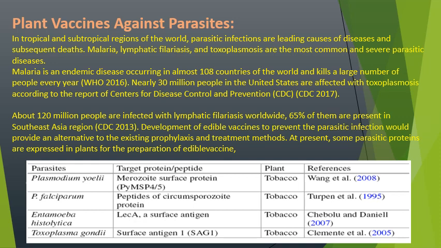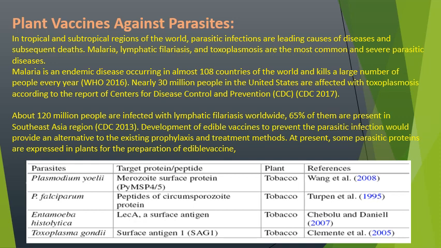Malaria is an endemic disease occurring in almost 108 countries of the world and kills a large number of people every year, according to data given by the WHO in 2016. Nearly 30 million people in the United States are affected with toxoplasmosis, according to the report of the Centers for Disease Control and Prevention (CDC).